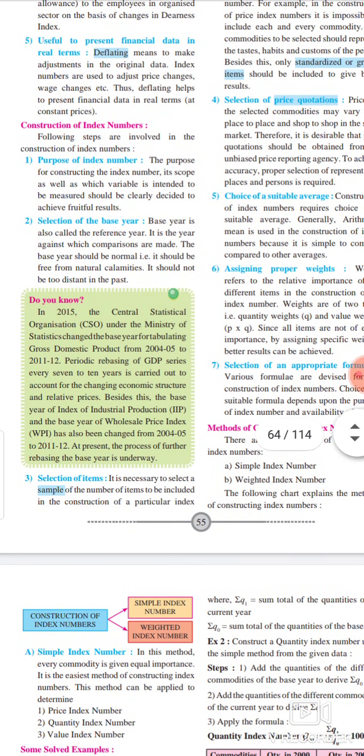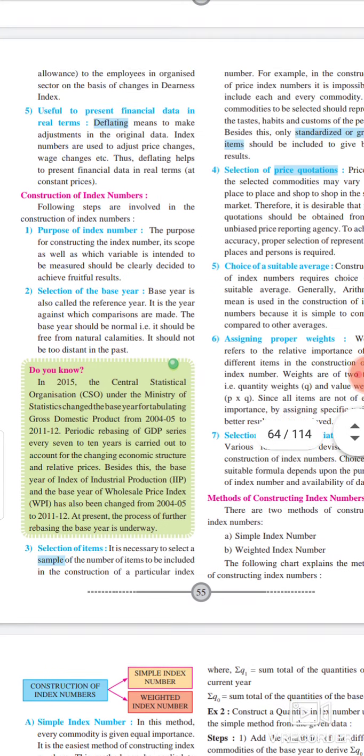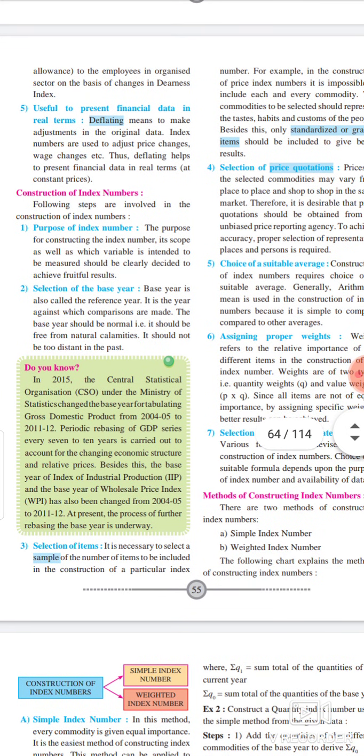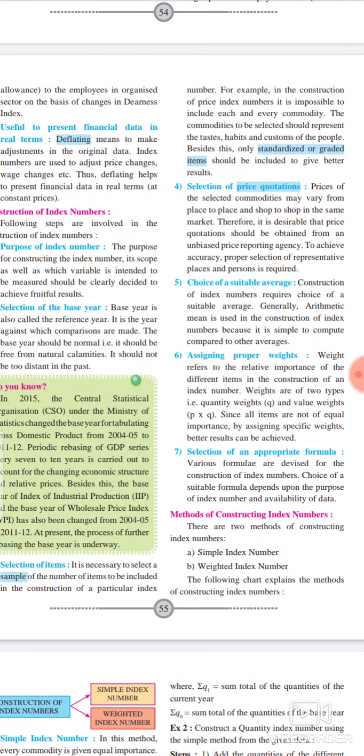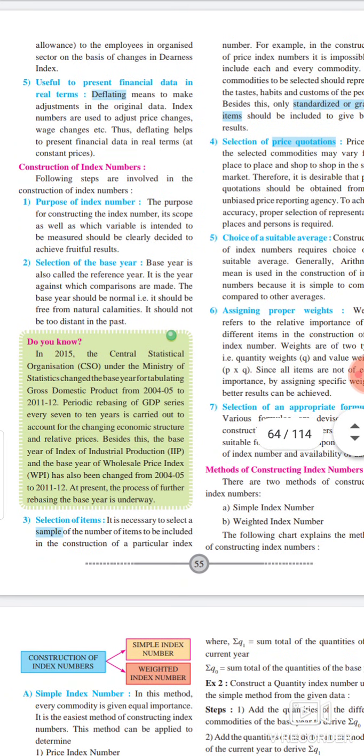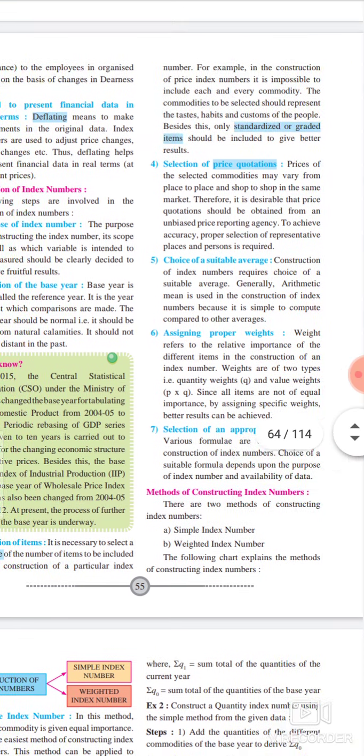Third point, selection of units. It is necessary to select a sample of the number of units to be included in the construction of a particular index number.